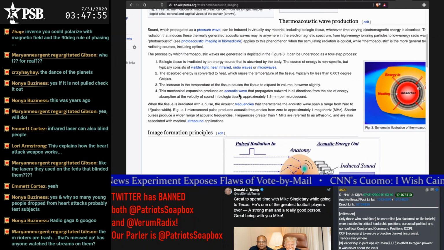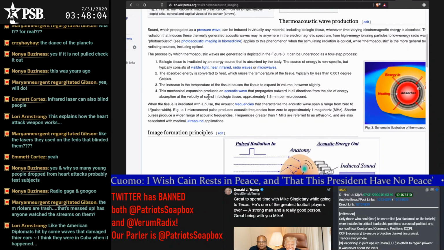Acoustic waves, sonic radiation, propagate outward in all directions from the site of the energy absorption at the velocity of sound in biologic tissue.